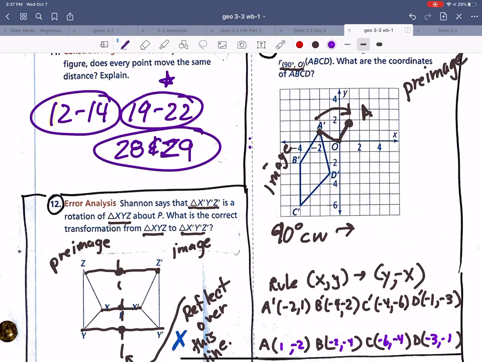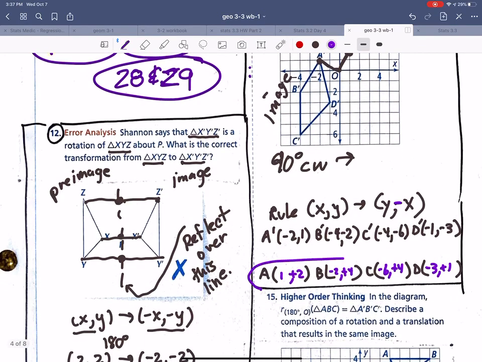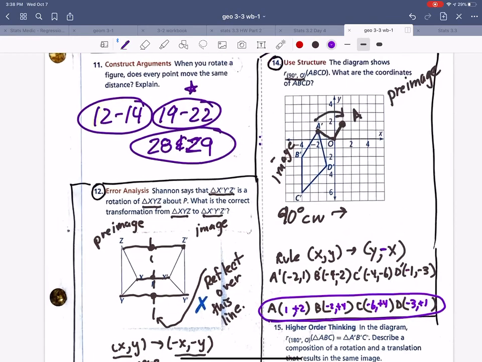Okay, now I'm going to put negative X. So negative is a positive, negative is a positive, negative is a positive, negative is a positive. Okay, and so that's my answer. I'd take that, and you might have cleaned it up too. And instead of said the positive, just the coordinates 1, 2, -2, 4, -6, 4, and -3, 1. Nice work.